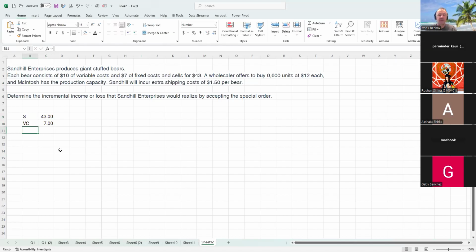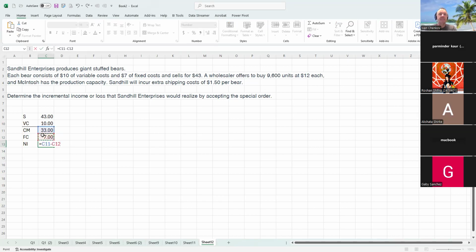What's my contribution margin on the normal sales? 33. How much is my fixed cost? It's 7. And the net income here is 26.